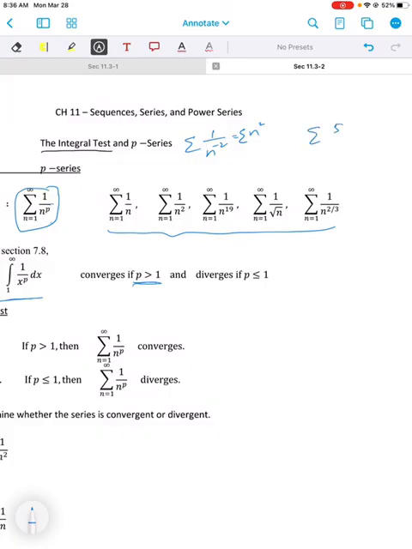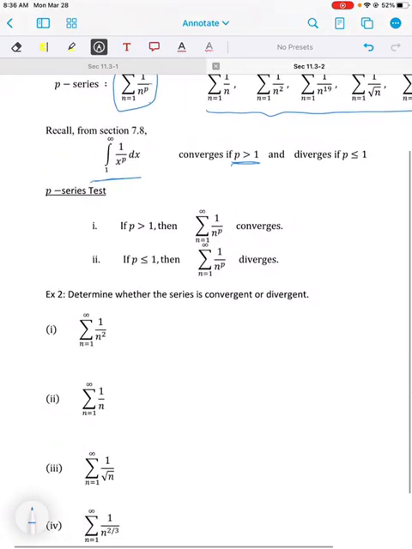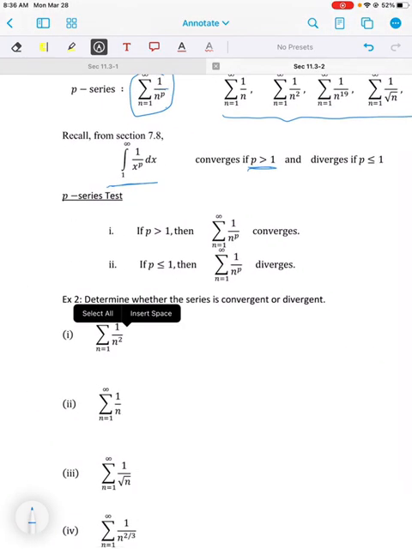Notice here you can also have something like the summation of 5 over n to the 2. That can also be considered a p-series, because you can always write it as 5 times 1 over n squared, and so on. So what is the p-series test now?